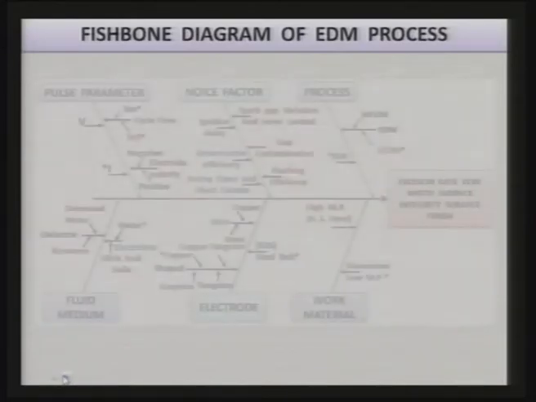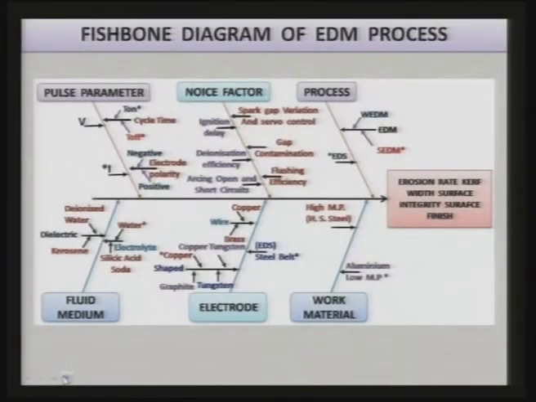Now, from the discussion of the last two lectures, here are the various parameters which affect the performance of the electric discharge machining process. Let us just see what are those parameters which we have already discussed.